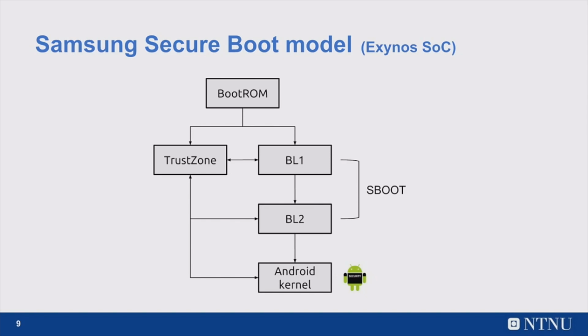Why is this important for ODIN mode? Well, we need to know where ODIN mode is implemented to be able to figure out where it is enforced and maybe bypass it. So, long story short, it's implemented in what we call bootloader 2, which is the main bootloader of the device. It has all kinds of functionality.